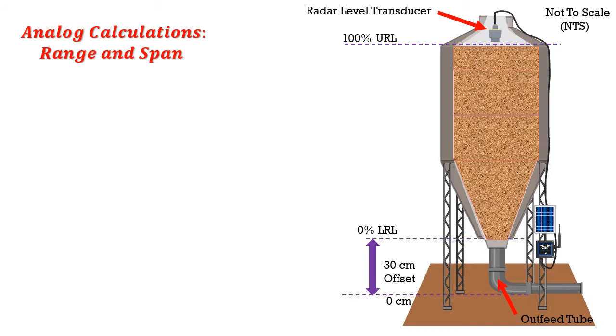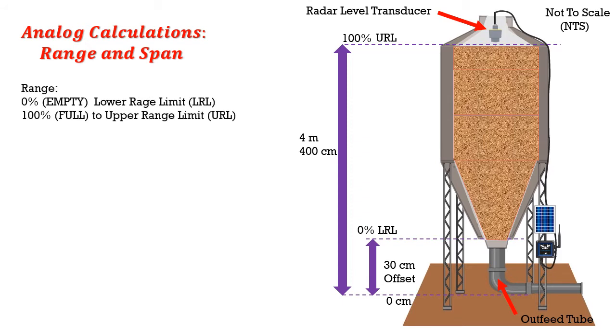The distance between the ground and our lower range limit is what we refer to as our offset. And for this example, we'll use 30 centimeters. For 100% full, we'll use an example of 400 centimeters or 4 meters.